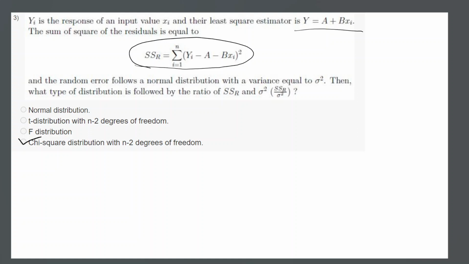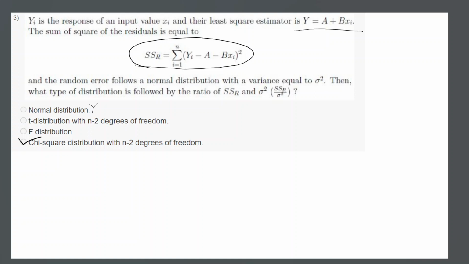So the ratio follows the chi-square distribution, because already we know from previous understanding that the variance follows the chi-square distribution. Also here, if you see the sum of the squares of the residuals, the residuals or errors follow the normal distribution, but their squares need not follow the same normal distribution.